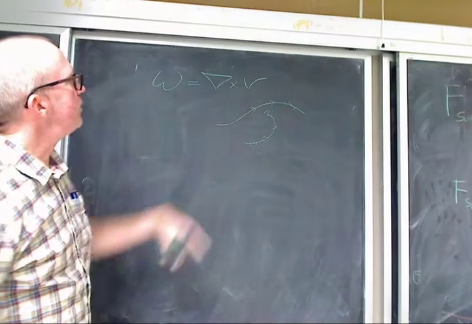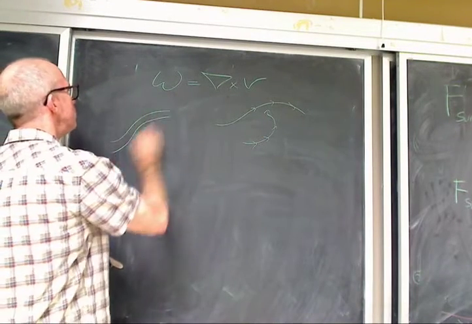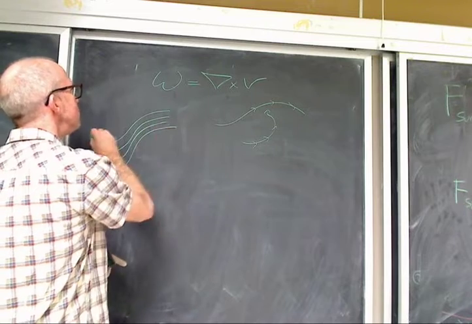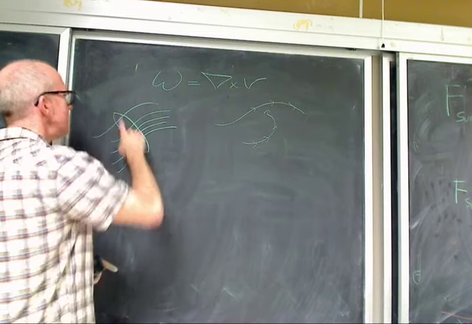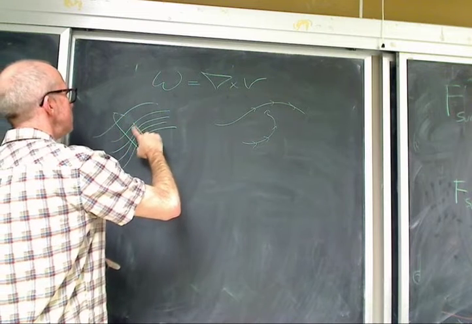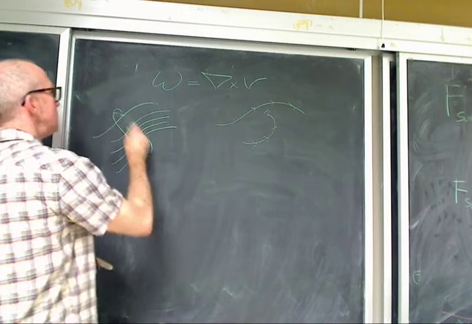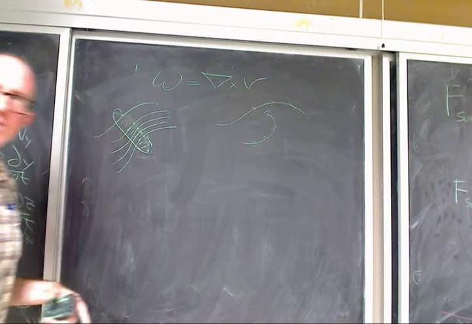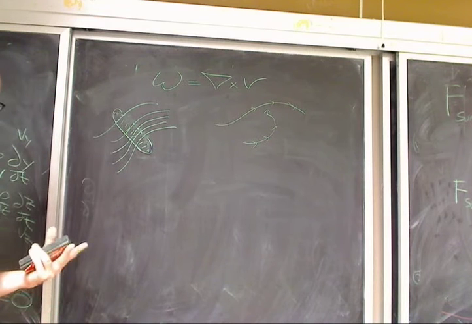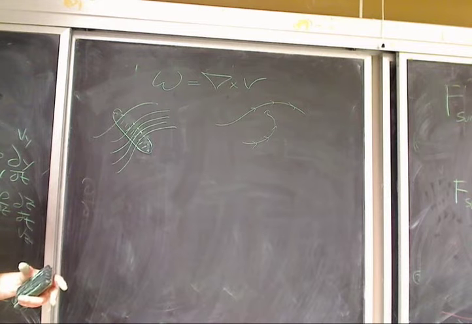So vorticity lives in strands. And if I take a bundle of lines of vorticity, and I draw a surface, let me do that better. My surface goes behind my vorticity. Then the vorticity that goes through this surface is conserved. So vorticity is pretty much conserved. That's really the primary takeaway.